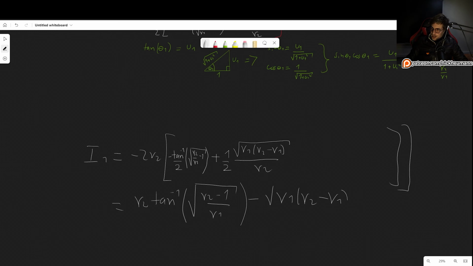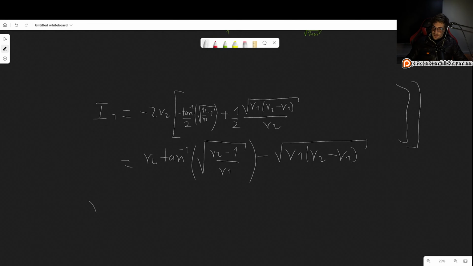And then finally, we can plug all of this back into gamma, because as you might recall, gamma was just the square root of 2me over h bar times I1. But we already know what I1 is. It is this very thing, right? R2, inverse tangent.